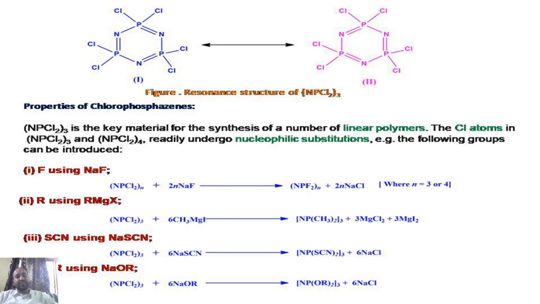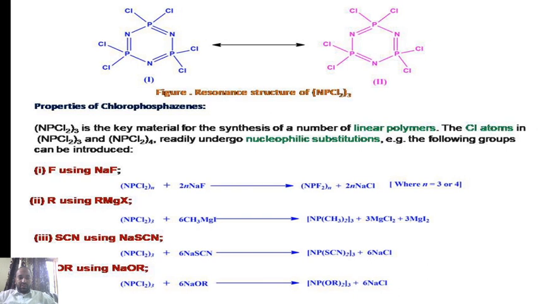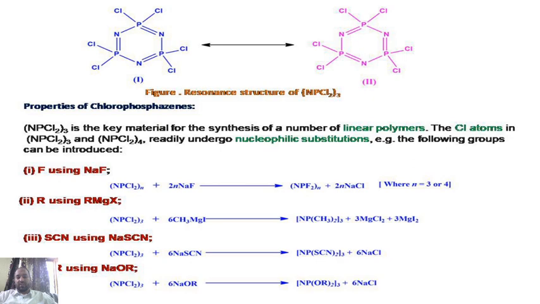In the second reaction, we can also replace this chlorine by an alkyl group using a Grignard reagent. Similarly, this chlorine can also be substituted by SCN. And finally, we can replace this chlorine by OR using sodium alkoxide, NaOR.